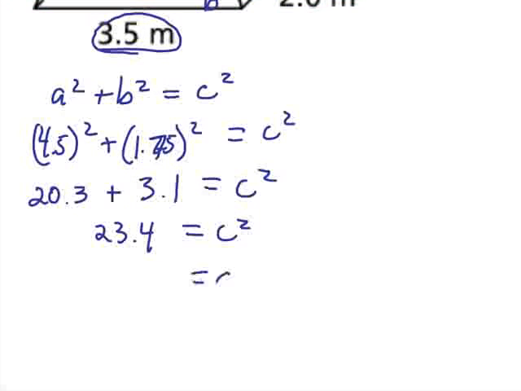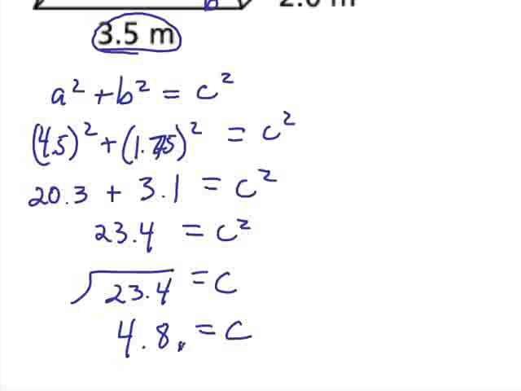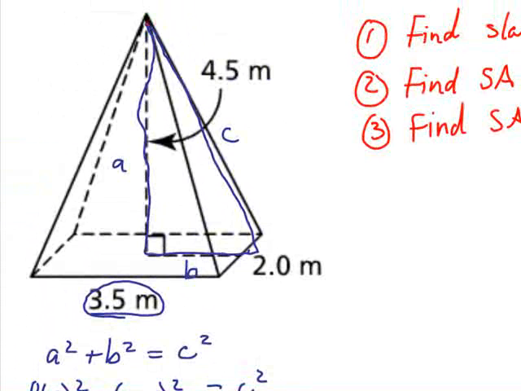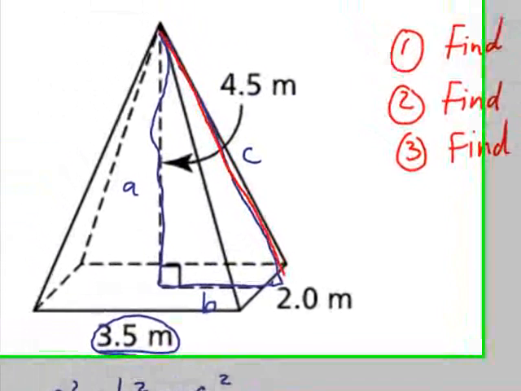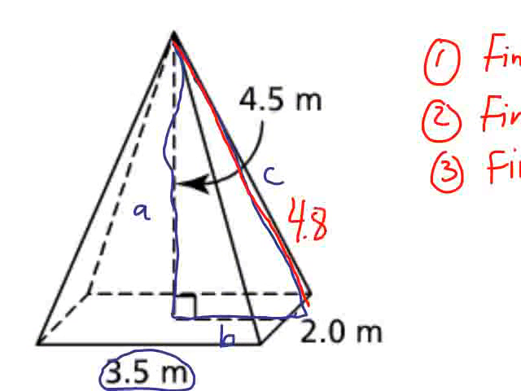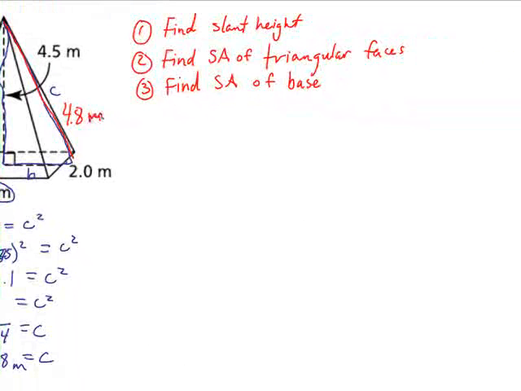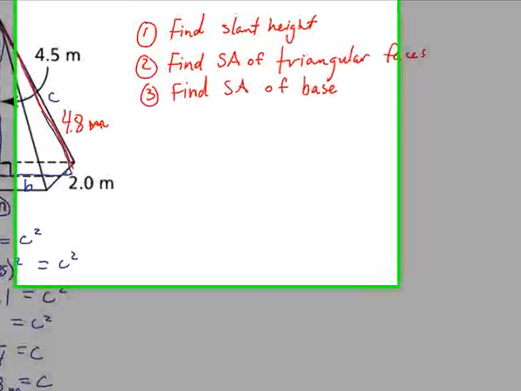What we'll do is find the square root of 23.4, and that will give us c. Rounding to the nearest tenth, we get c equals 4.8 meters. So now we know the slant height to be 4.8 meters. We've done the first step. Can give it a check mark.